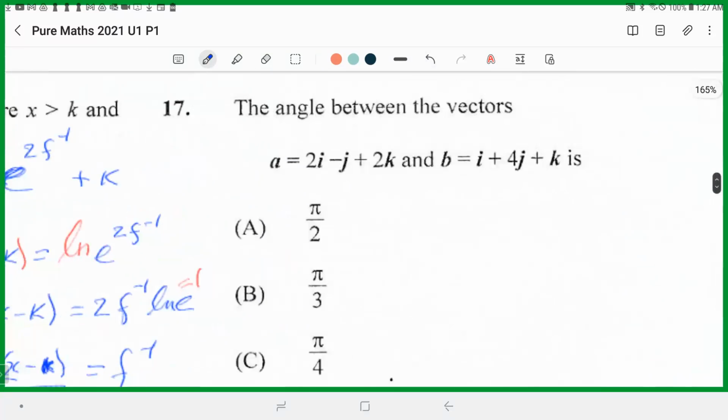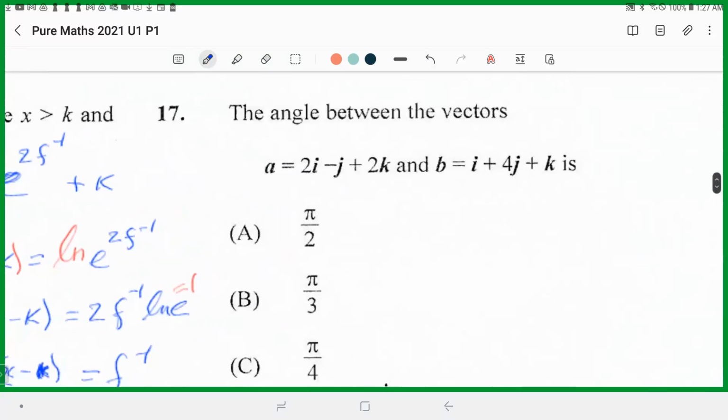Let's see. 17 says the angle between these two vectors is... First thing I'm going to do is check for 90 degrees, pi by 2, by doing the scalar product. So I work it out. A dot B equals 2 times 1, minus 1 times 4, plus 2 times 1.